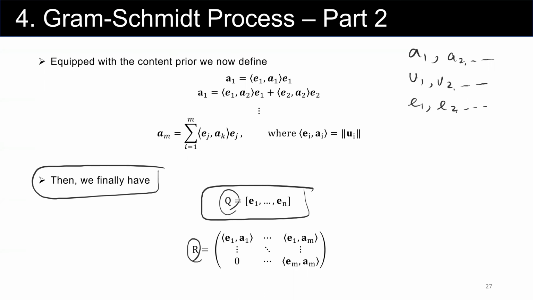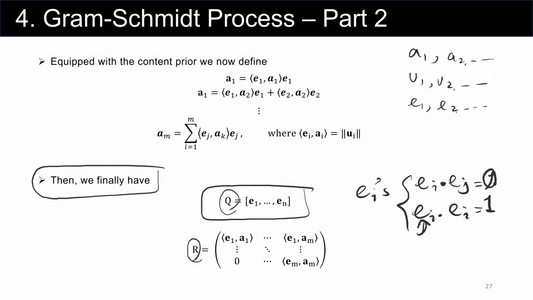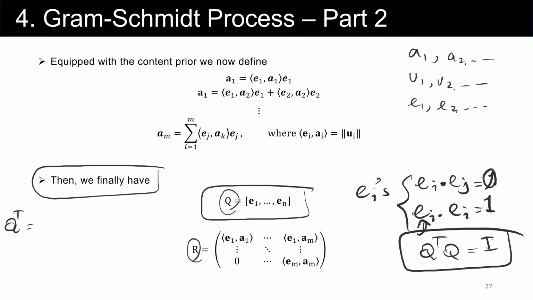Each of these E's creates one column of Q. For the E sub i's, the inner product of E sub i and E sub j is equal to 0, and the inner product of E sub i with E sub i is equal to 1, because we normalized them to the value 1. Considering these two, that's why Q transpose Q is equal to the identity matrix. What's the reason for this? Because Q transpose has rows E1 transpose, E sub 2 transpose, up to E sub n transpose.